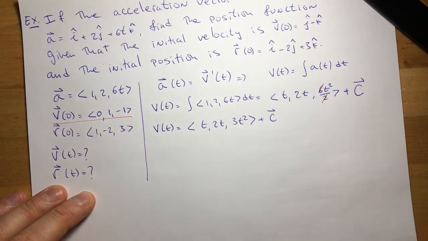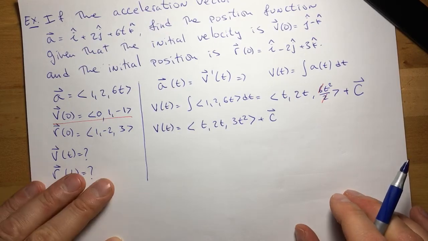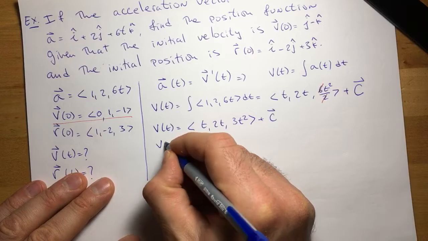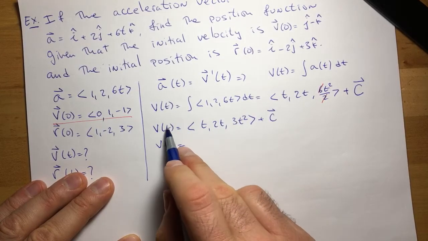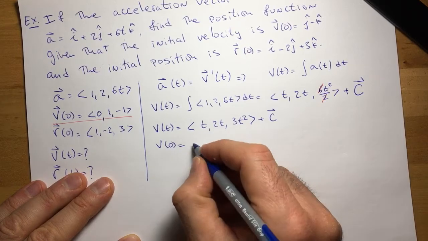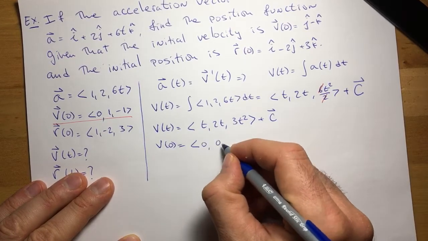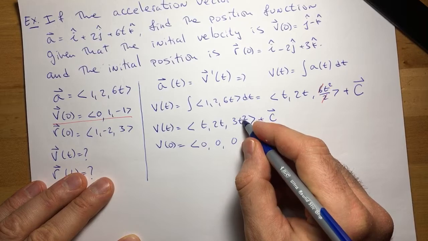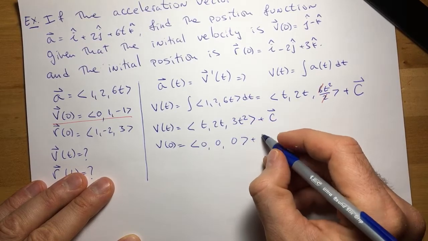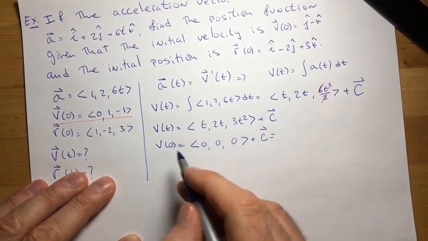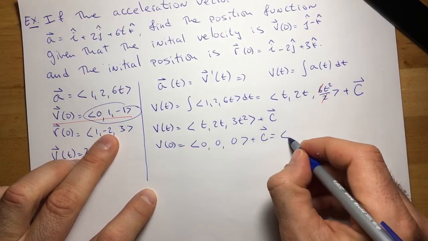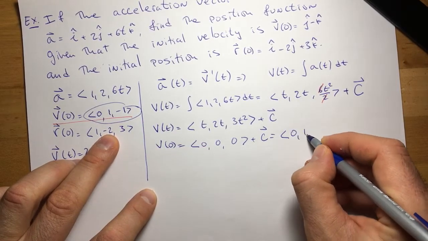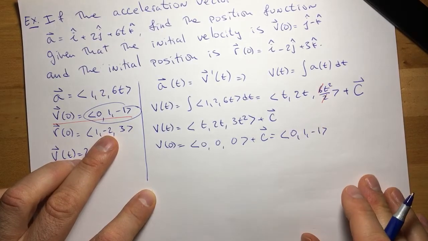Now how are we going to find c? Well, we're going to look at the initial condition. So v of 0 is equal to, how do I evaluate v of 0? If t is 0, I substitute 0 everywhere, so that's 0, 2 times 0 is 0, 3 times 0 squared is just 0, plus c is equal to the vector given here, ⟨0, 1, -1⟩.